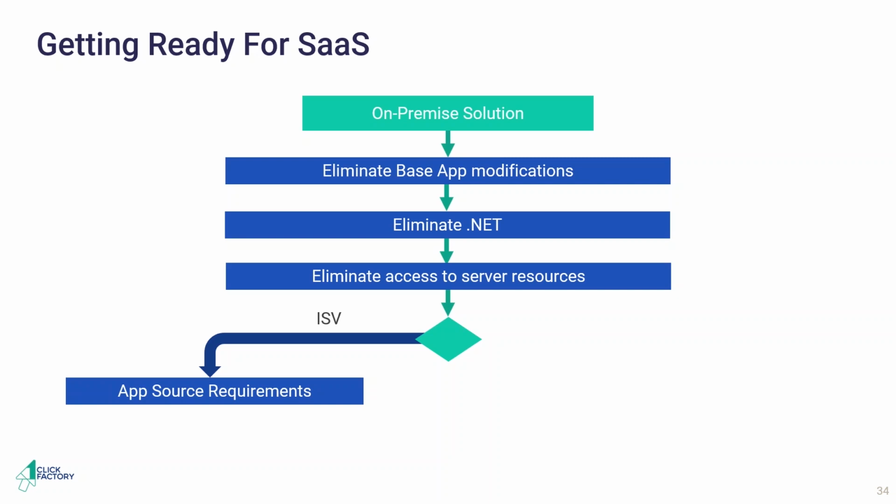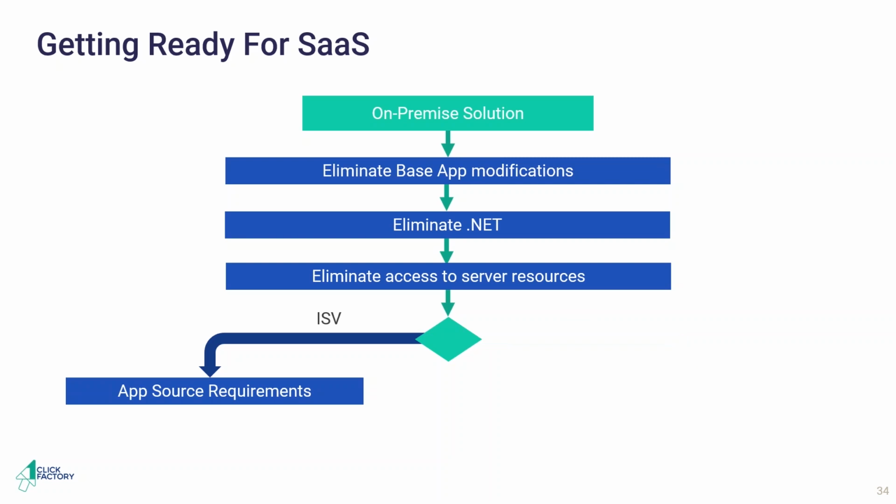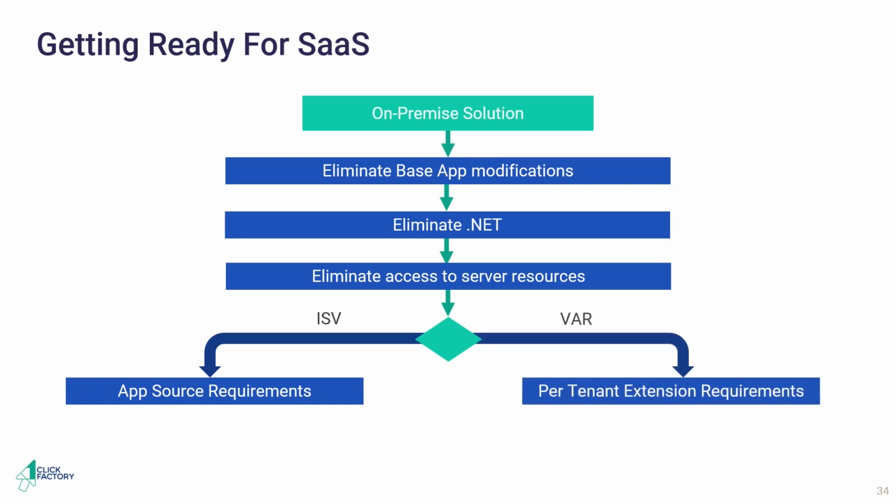If I know that my application goes through the AppSource validation fully and correctly, I can publish this extension to the SaaS and to AppSource. If I don't want to publish to AppSource, I still need to look through all the per tenant extension requirements in order to know that I will be able to use my extension on the SaaS.